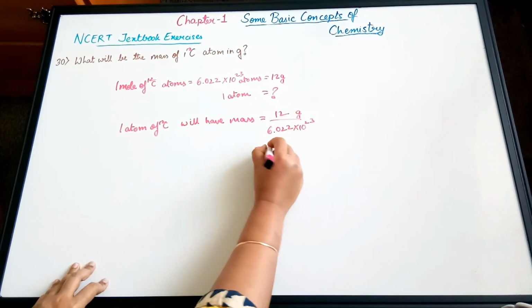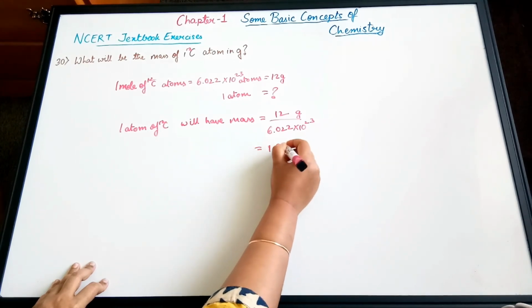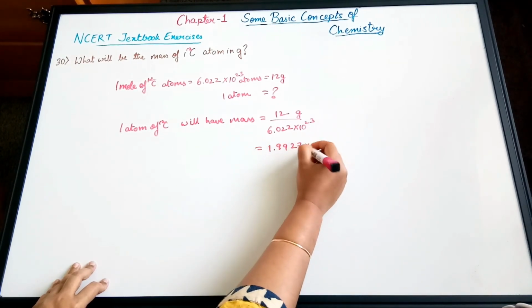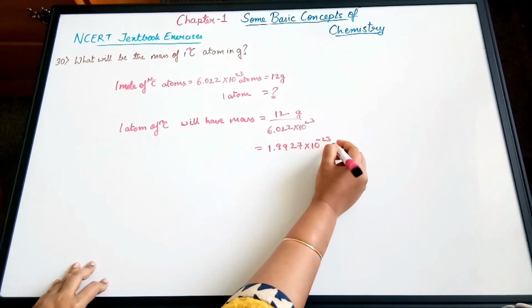When this is simplified, we get 1.9927 into 10 to the power minus 23 grams.